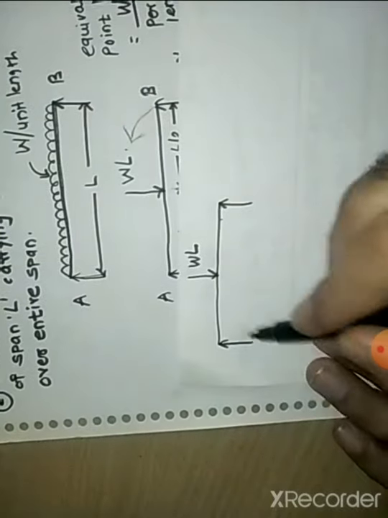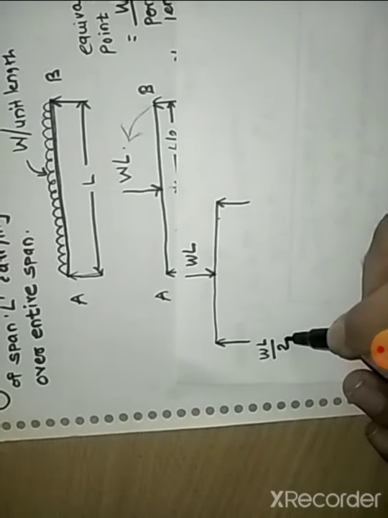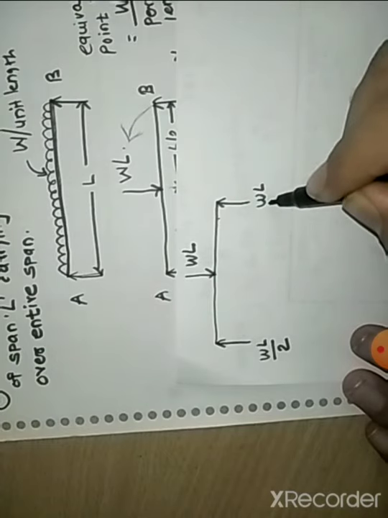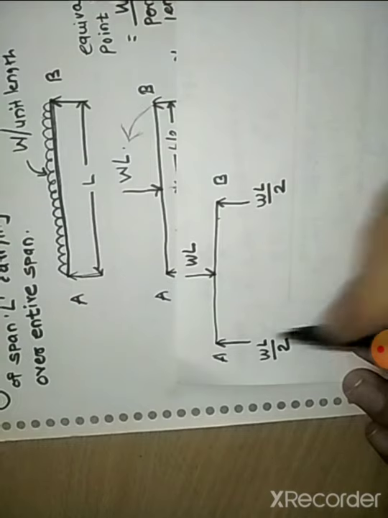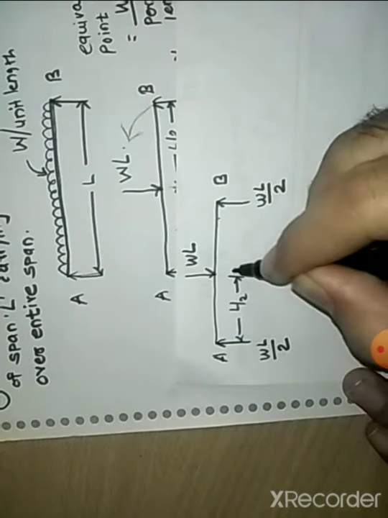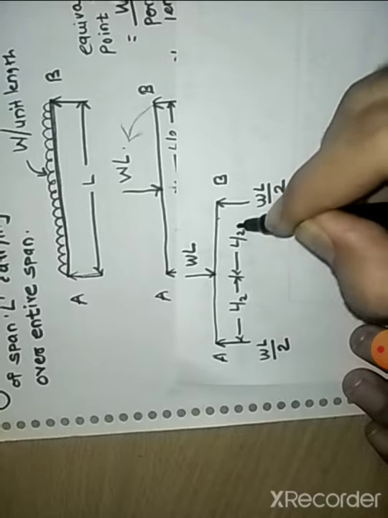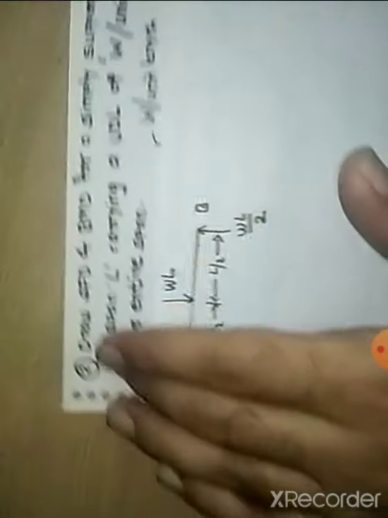Okay, RA is WL by 2, RB is WL by 2, A and B. Right? L by 2, this is also L by 2. Okay, so this is the beam diagram.